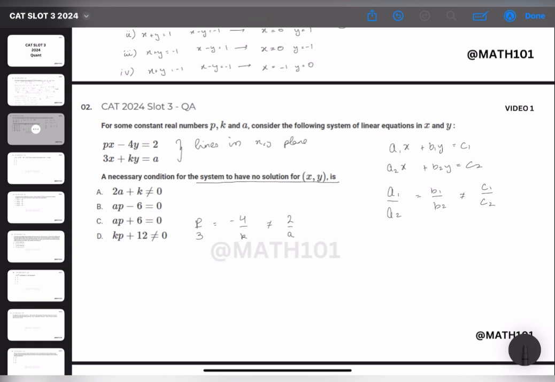For no solution, a necessary condition would be, let's use this equation first, we get 2k is not equal to minus 4a, which implies that 2k plus 4a is not equal to 0. Dividing both sides by 2, we get 2a plus k does not equal 0, which is option A. So we get our answer.